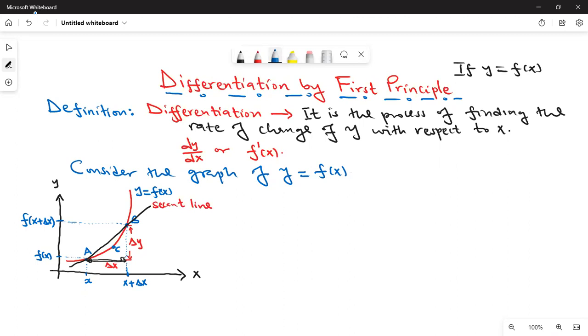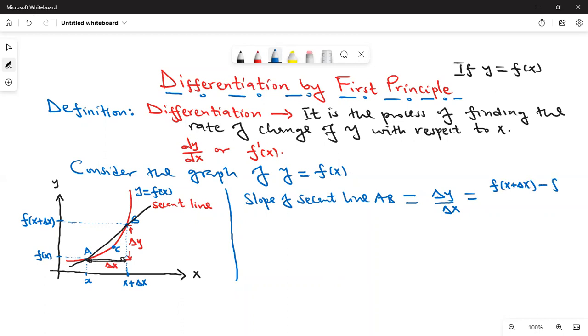From this curve, we can get the slope of secant line AB, which is simply equal to change in y over change in x. What is the change in y? It is f of x plus delta x minus f of x. And our change in x will be x plus delta x, then minus x.